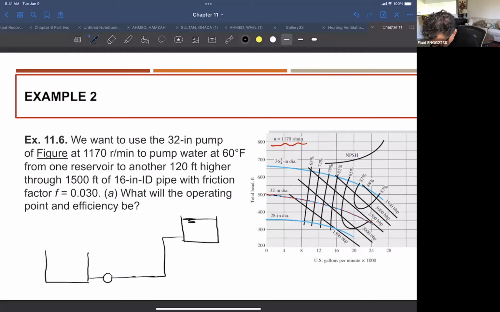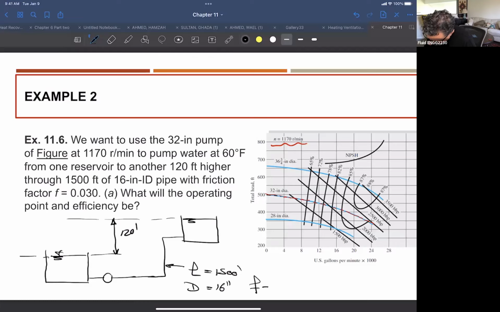The difference between this level and this level is 120 feet. The total length here is 1,500 feet. The diameter is 16 inches. Friction factor is 0.03.